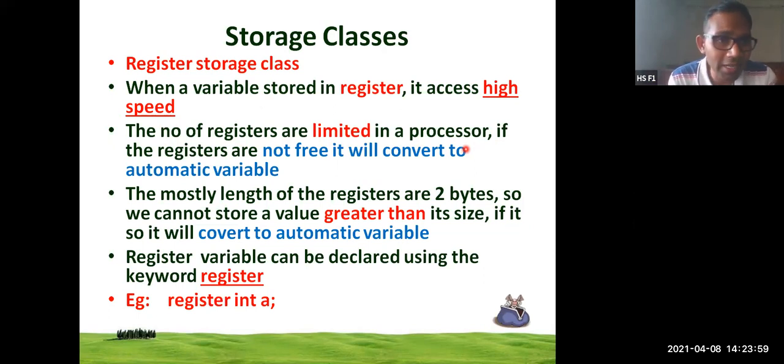That is huge. A processor will have maybe 32, 64 or 128 registers, not more than that. So the number of registers on a processor is very limited compared to RAM or any other virtual memory.